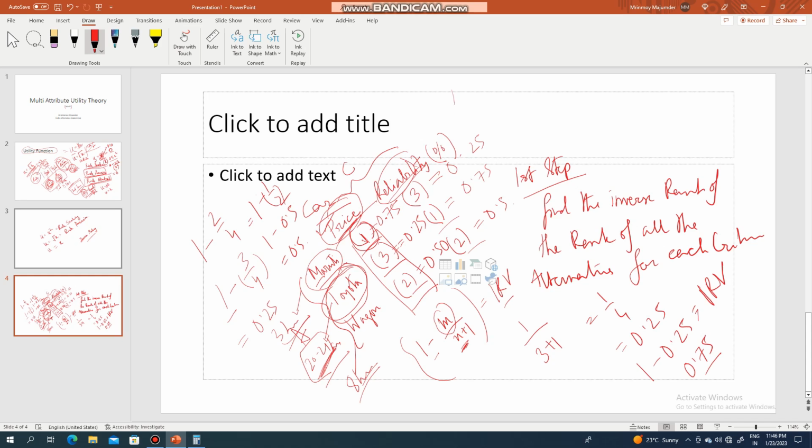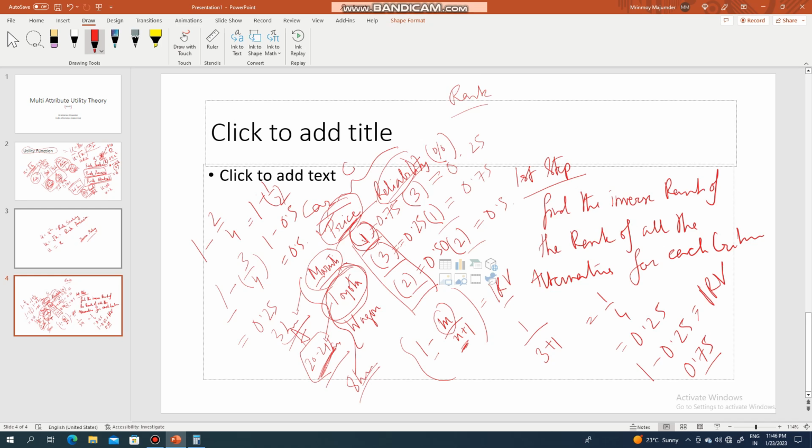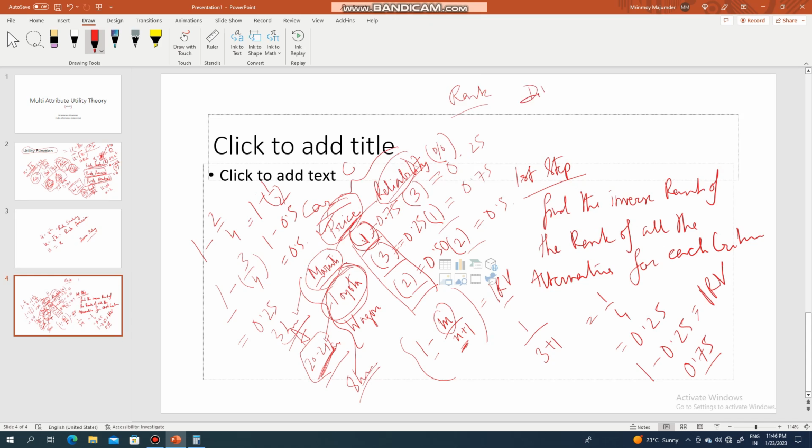Once you use the rank, the value of the options for that criteria becomes dimensionless. Dimensionless. So it becomes more flexible, and you can do any operation on those dimensionless terms.